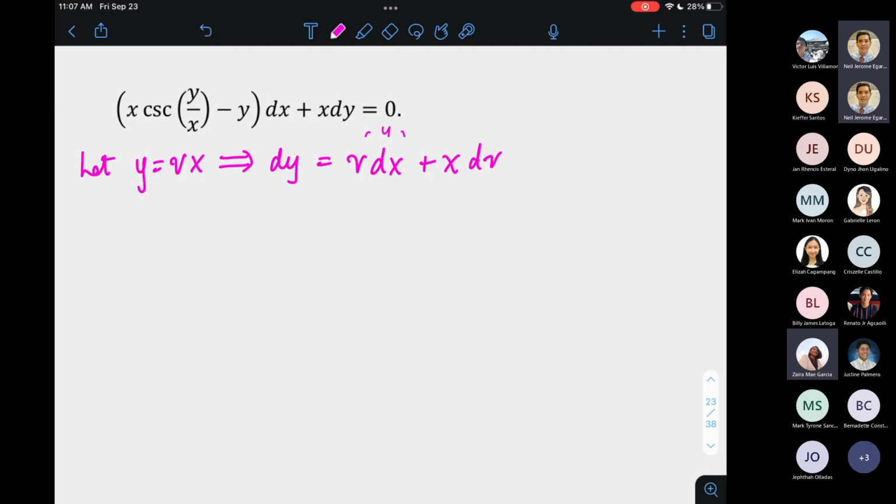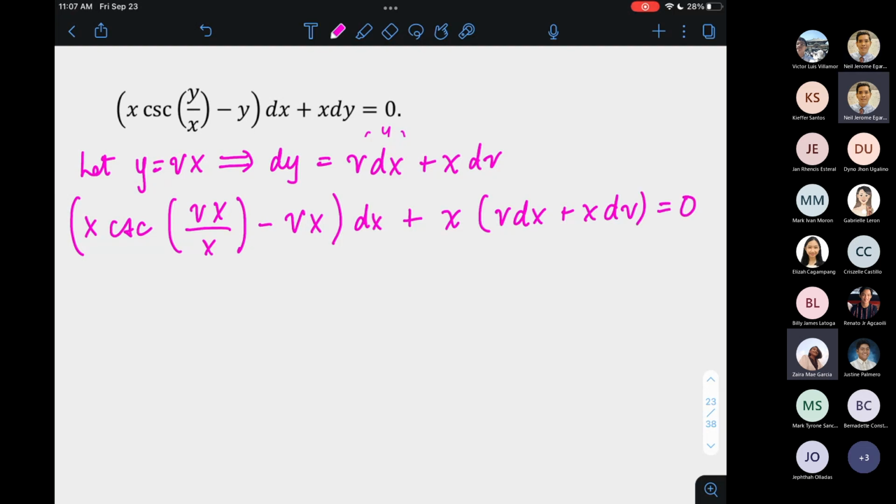And then let's do the work. So this would be x times cosecant of vx over x minus vx times dx, plus si x ay mariretain, si dy lang yung mapapalitan ng v dx plus x dv equals 0.